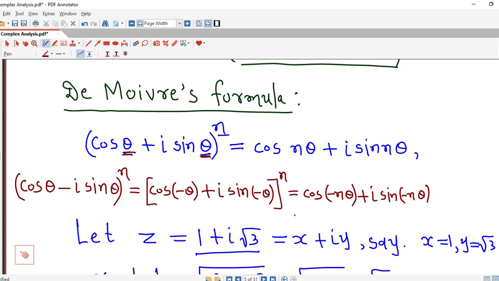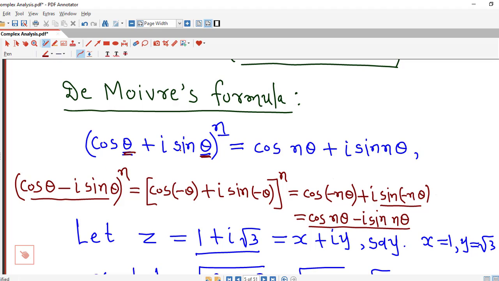Again, cosine is an even function, so cosine of minus n theta equals cosine of n theta, and because sine is an odd function, the negative sign comes outside, so we have minus i sin n theta. So instead of a positive sign, if we have a negative sign, (cos theta minus i sin theta) raised to n, this is also valid. We can multiply n with theta and write cos n theta minus i sin n theta.